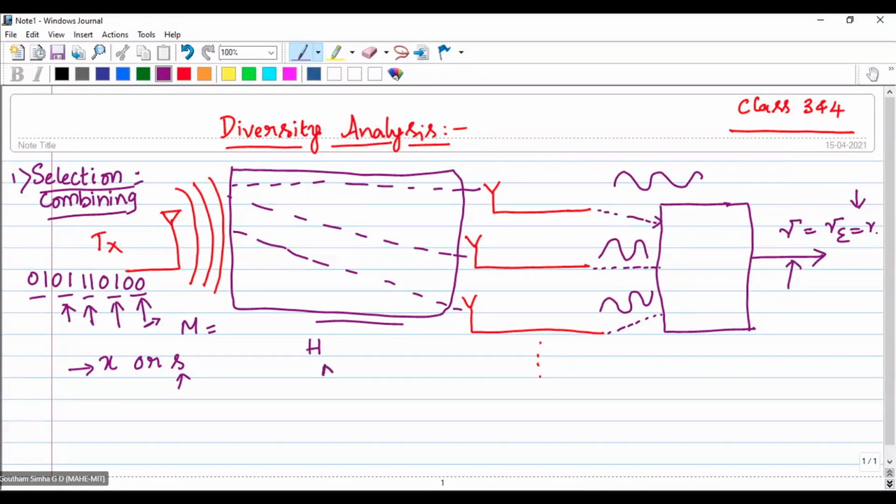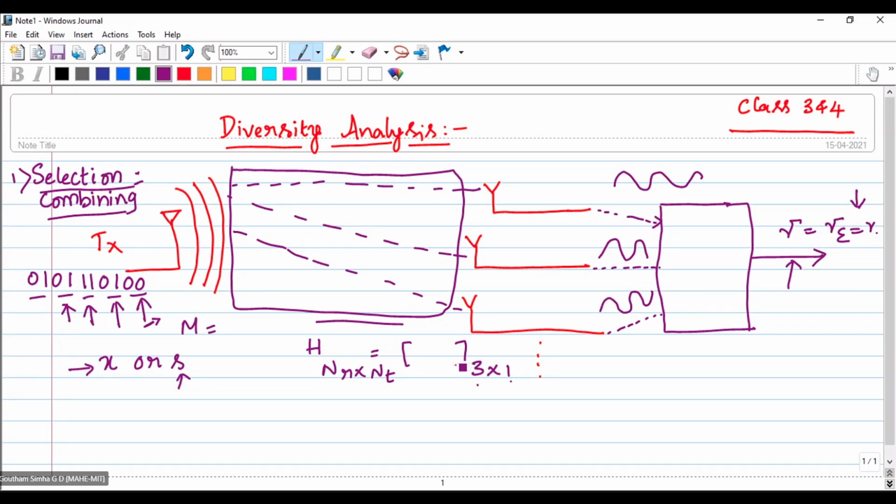Now, H is generally defined as an NR cross NT matrix because you have more than one receiver here. Here we have 3 cross 1: 1 transmit antenna, 3 receive antennas. You can write it as NT cross NR also, but that becomes a column vector, and then you have to transpose it.